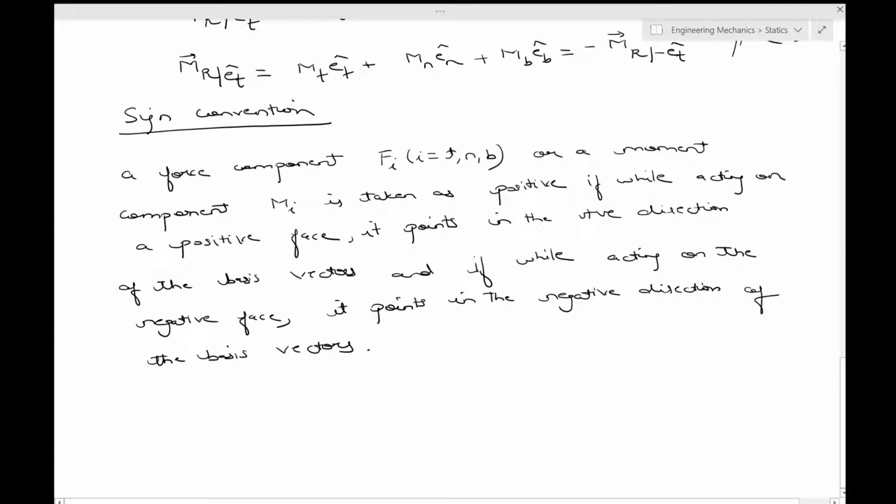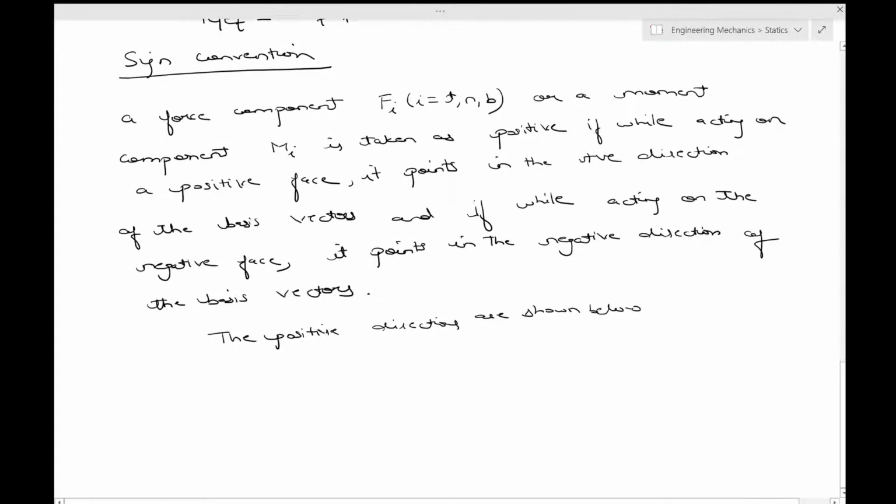With this definition, we want to show the positive directions, which are shown below. Say you have Ft, Ft, this is axial tension.